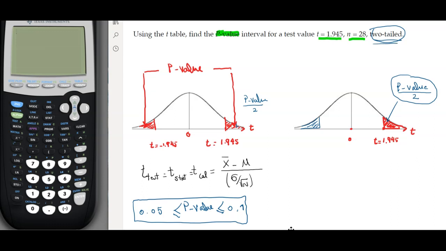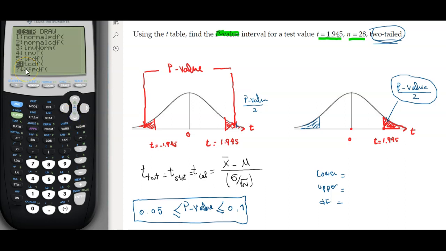All right. So what is the TI-84 going to ask you to find? Usually the lower end, the upper end, and the degree of freedom. All right. And the function that you're going to be using is under second vars, that's the distribution menu, and you're going to go all the way to tcdf.